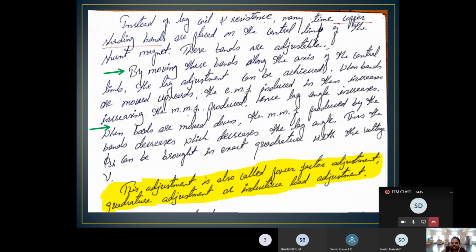Instead of lag coil and resistances, many times copper shading bands are placed on the central limb of the shunt magnet. These bands are going to be adjusted.